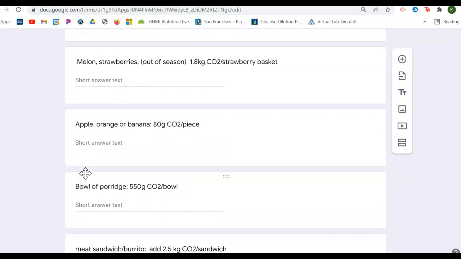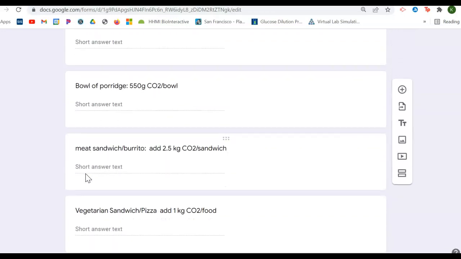Yes, we have everything in terms of food. If you are eating something that is a meaty sort of meal, it does not have to necessarily be a sandwich or a burrito, but if you're like, yep, that is a meaty meal with meat in it, then consider that a meat sandwich.